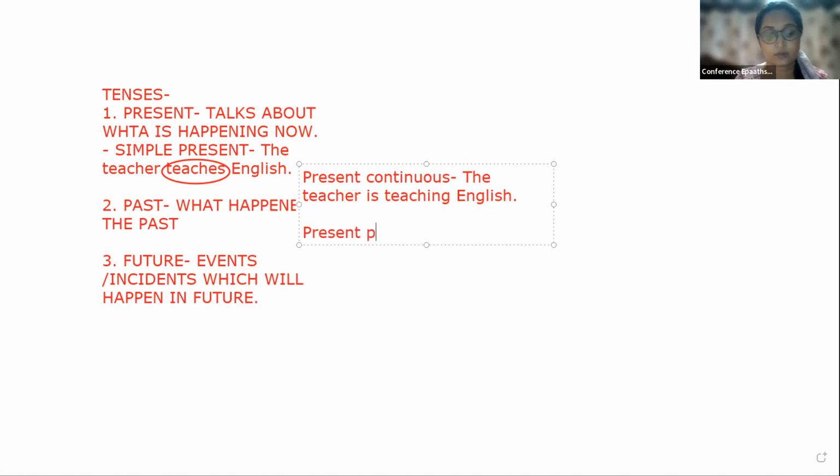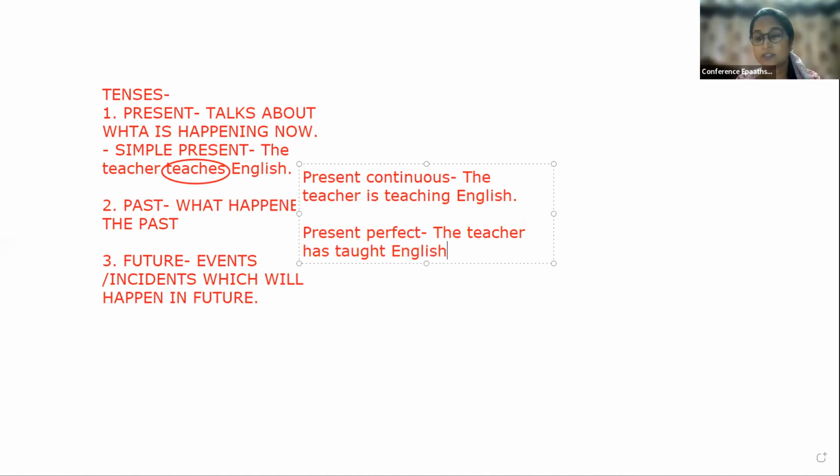Okay. Now the third form was present perfect. So in present perfect, you are using has or have verb. Then the third form of the verb, that is past participle form. Like the teacher has taught English. So teach, taught, taught. These are the three forms, and we have used has verb plus third form of the verb taught. So the teacher has taught English. This is present perfect. Now, what is present perfect continuous?